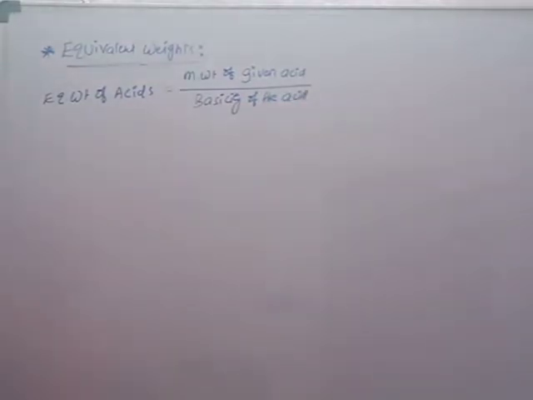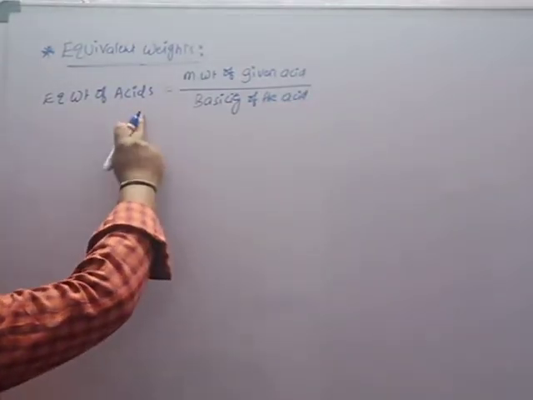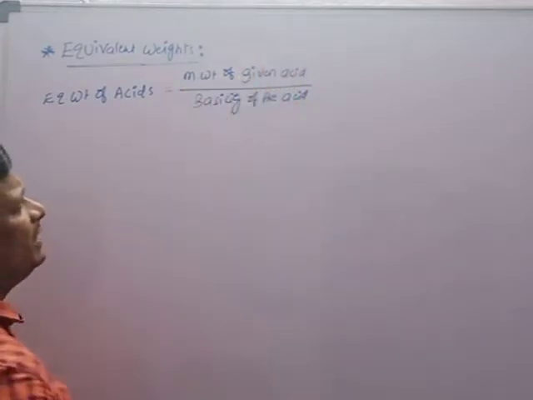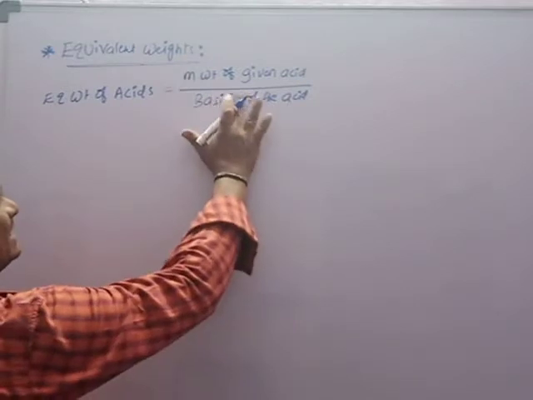It is the formula: equivalent weight of any acid equals molecular weight of the given acid by basicity.